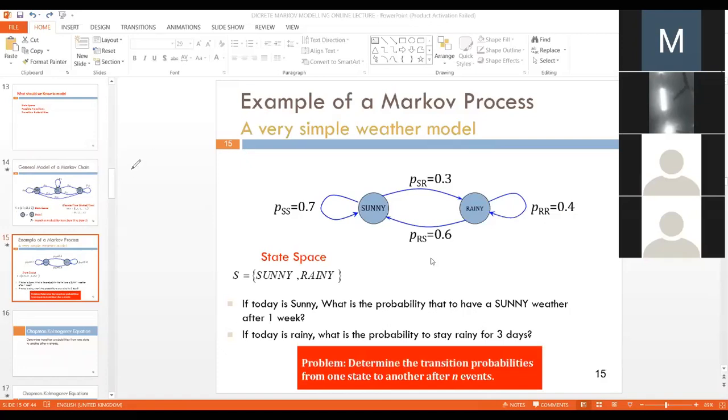So if we are given a matrix, say Pij, let's take states 0, 1, and 2. So take note of what I'm writing.